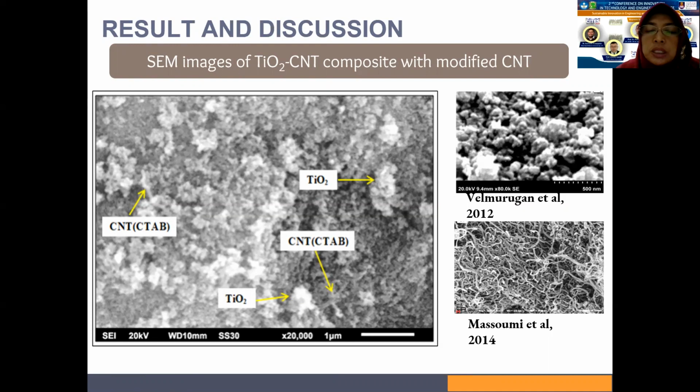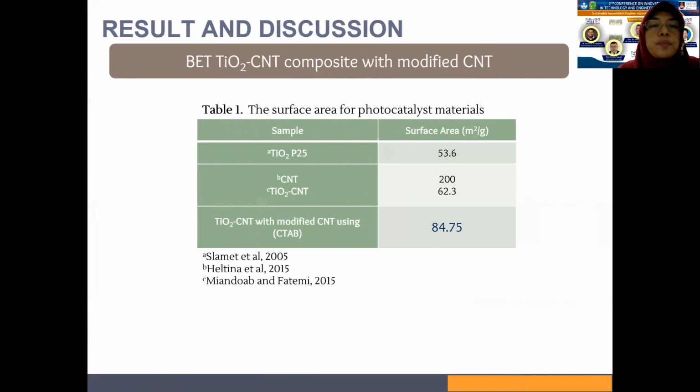The spread of CNT is not clearly visible because of the small amount of CNT compared to TiO2. Even so, the distribution of particles showed that synthesis of TiO2 CNT composite with modified CNT using CTAB was successful.